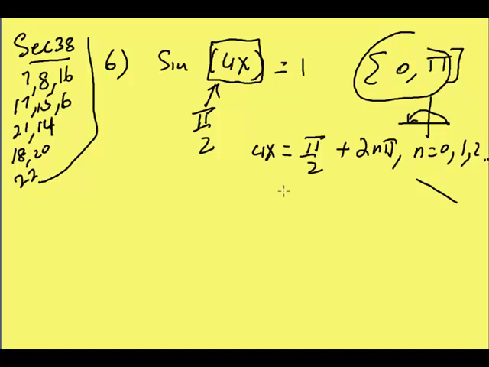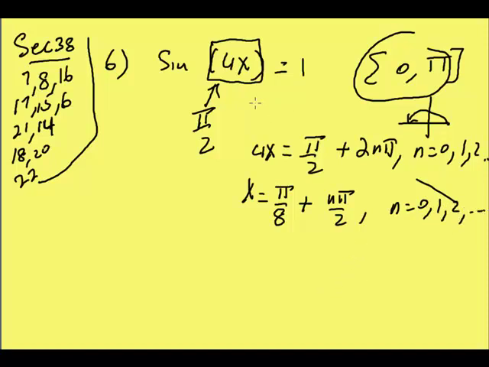Now I have to solve for x. When I do that, I'm going to get x is equal to pi over 8 plus n pi over 2, and my n is equal to 0, 1, 2.